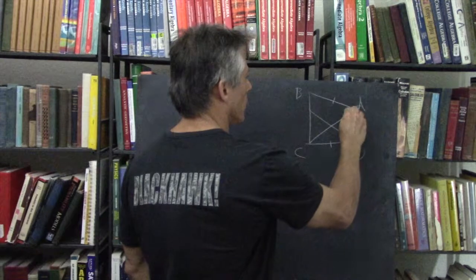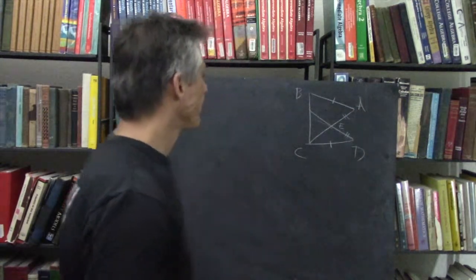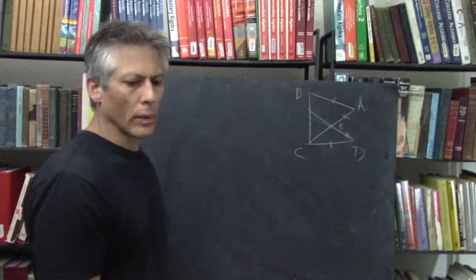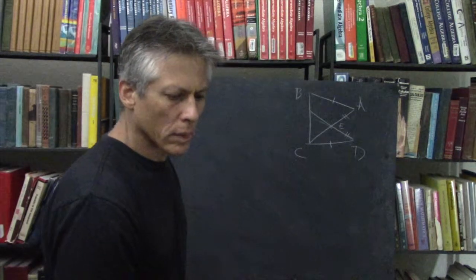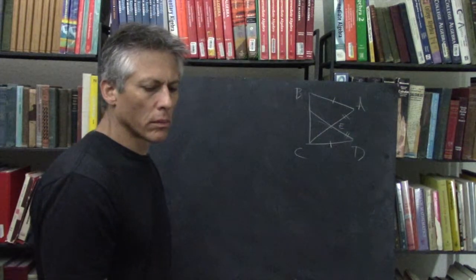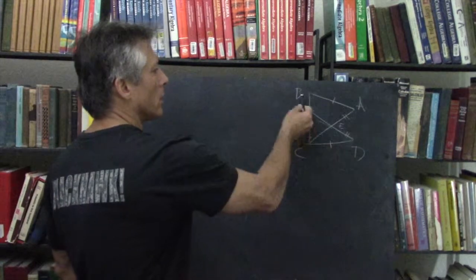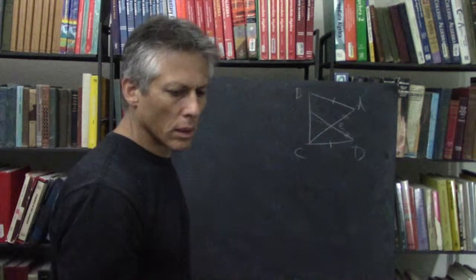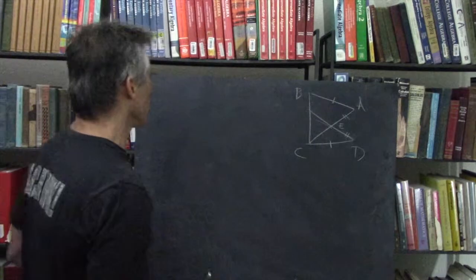So this whole thing and this whole thing, I'll just mark it like that, knowing what we're talking about. And now we need to prove some triangles are congruent. So let's see if we can show that this one is the same as this one. Because it says we have overlapping triangles, that's what they're talking about.